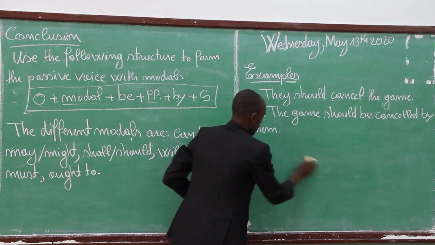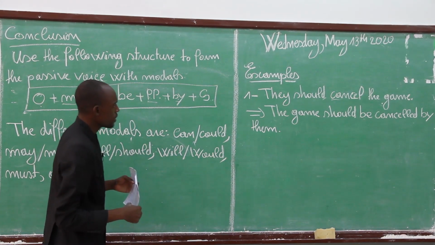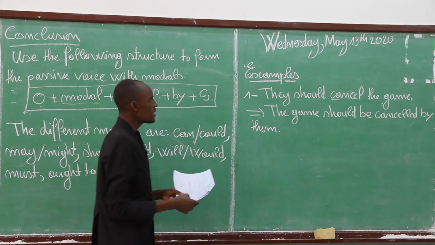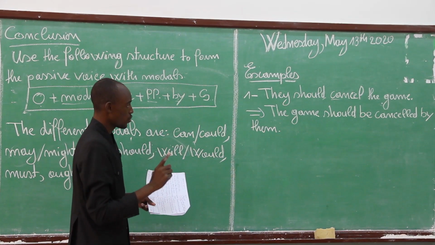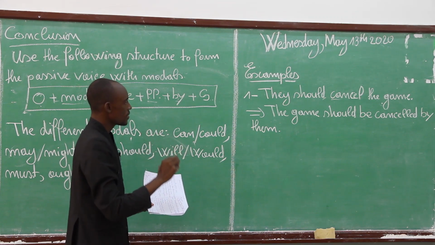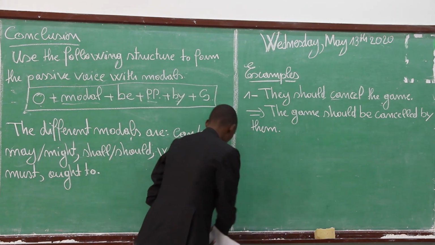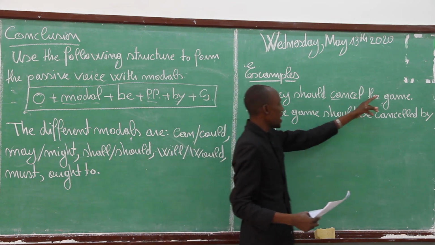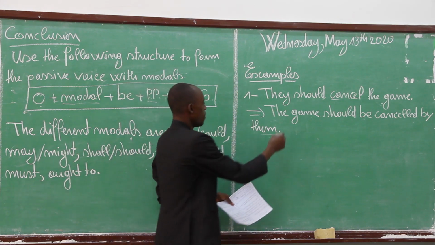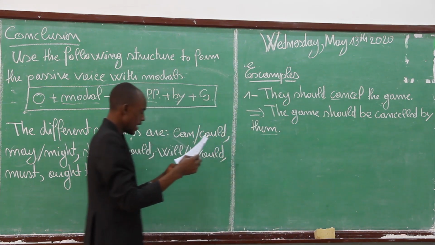Now, what can we say about active voice and passive voice? The subject of active voice becomes the agent in passive voice. Here we have them. And the object of active voice becomes the subject in passive voice. The game should be cancelled by them.